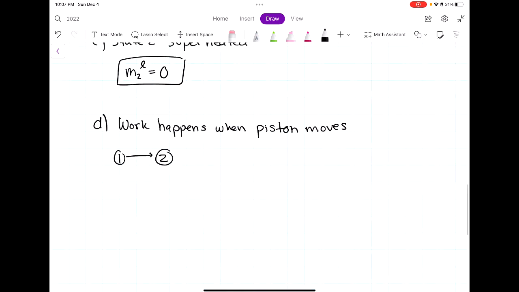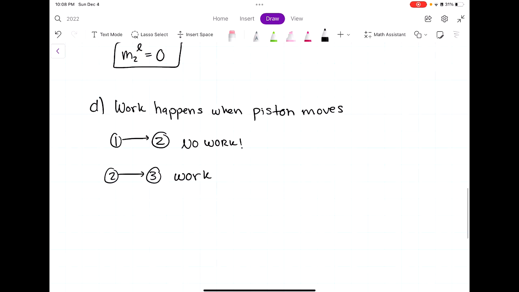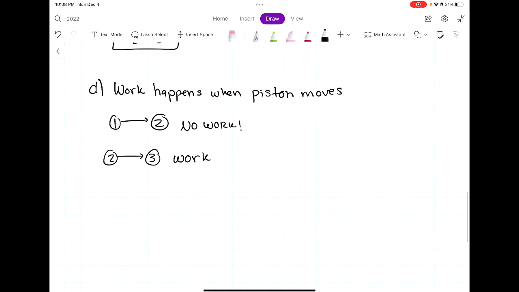It's still on the set of stops, so no work. But from state 2 to state 3, that's when we have work, because that's when the piston moves. The formula for work in a piston-cylinder arrangement is the following. Work is P times dV, so pressure times the change in volume.